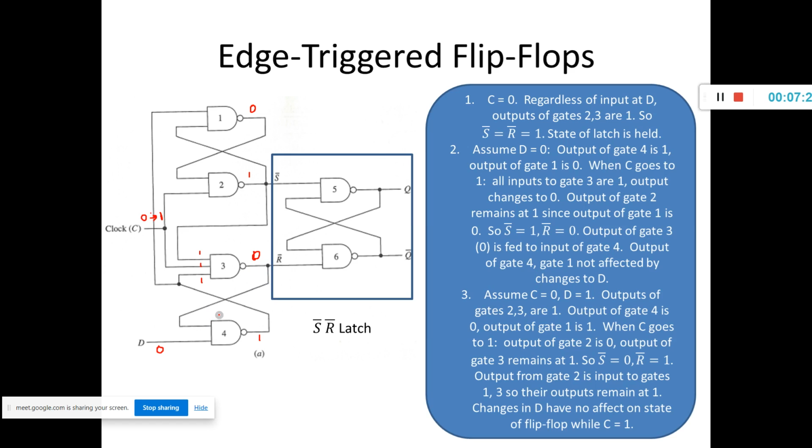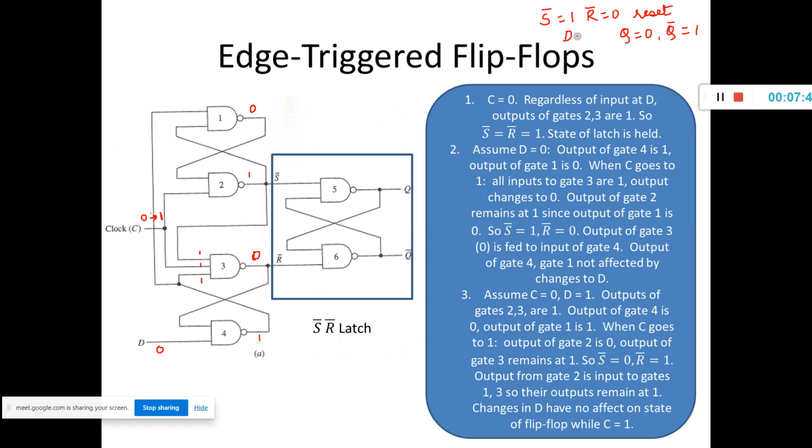Gate 1 is not affected by changes to the D. So according to the definition of the S bar R bar latch, if S bar is 1 and R bar is 0, it will reset. Reset means Q is equal to 0, Q bar is equal to 1.